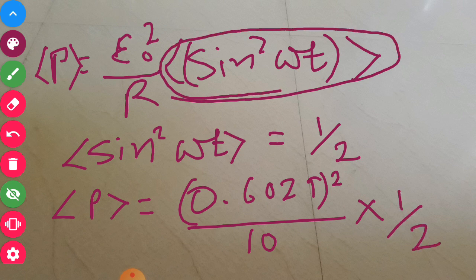If you simplify this, you will get about 0.018 watt. Now this power is lost in the form of heat, which is called the Joule heat.